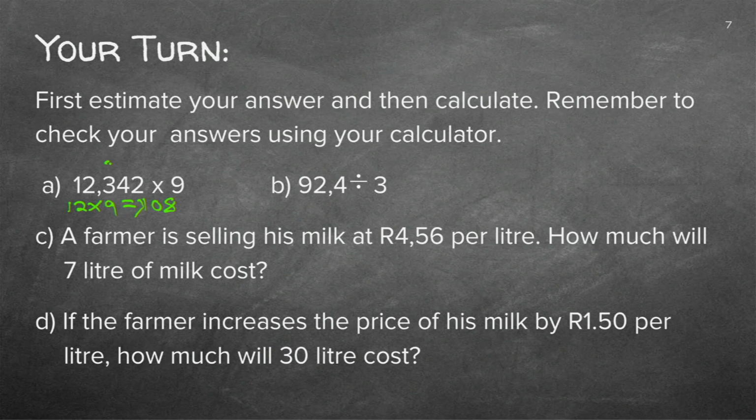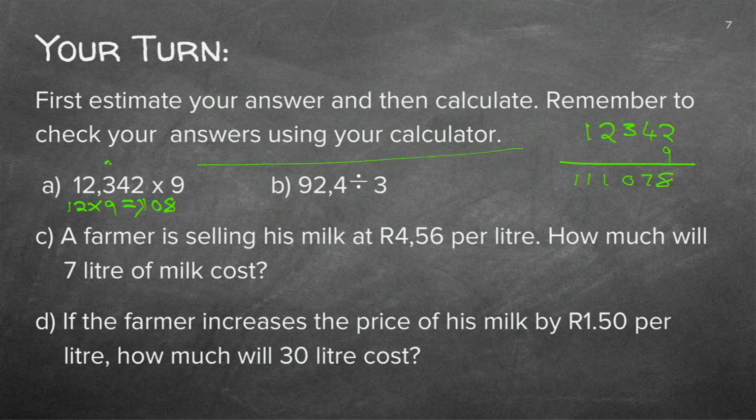So, if we do our calculation, 12, now we remove that one. So it is 12,342 times 9. And we get our answer of 111078.